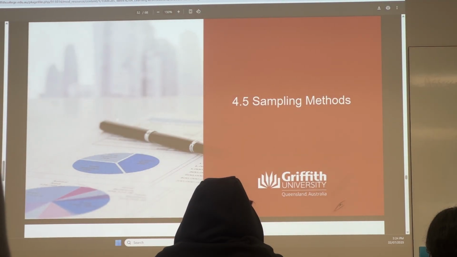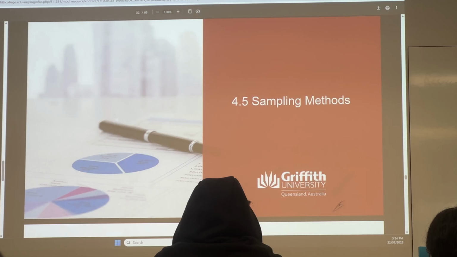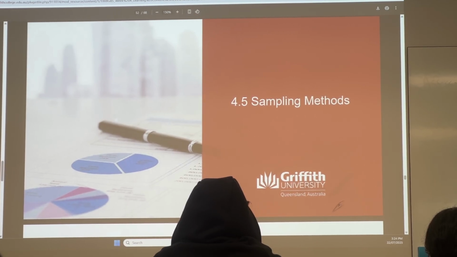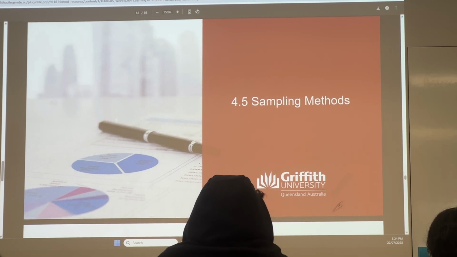Okay, so now next one is sampling method. So the first one is how you collect data. The next one is how do you design the sample, right? So let's do an experiment, or let's do a simple question. Suppose you want to collect data on savings.